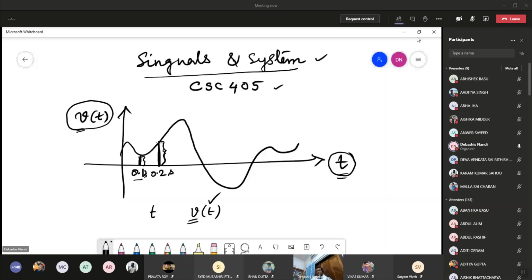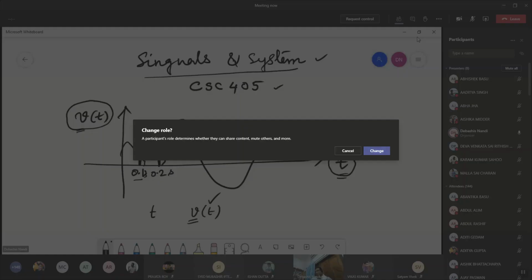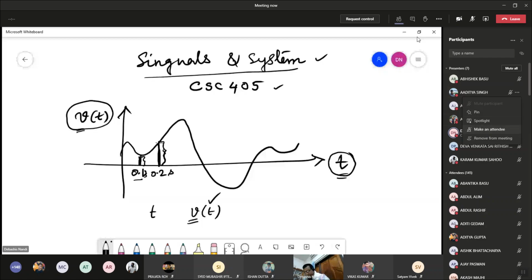And this electrical quantity then comes to the computer. Since the computer is a digital device which can handle only discrete data, this signal will first be converted into a discrete time signal, then converted to a digital signal, and this digital signal will be processed by the computer, and it will be transmitted through media.